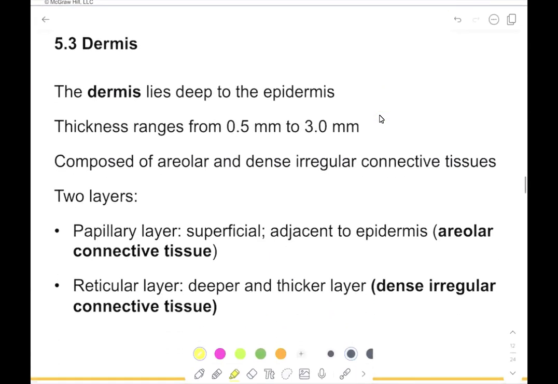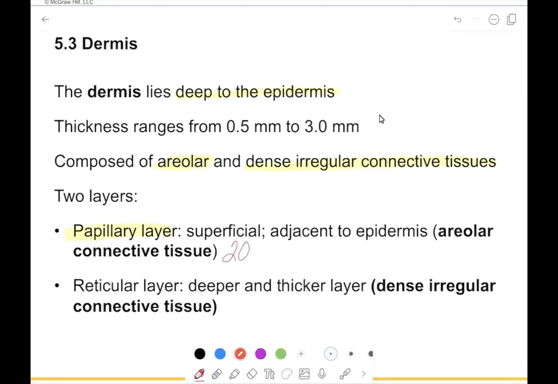So the next layer of the skin is the dermis, which is deep to the epidermis. It's composed of 2 different layers. Remember, that would be the areolar connective tissue and also the dense irregular connective tissue. So it was important for you to know that the papillary layer is the most superficial region.